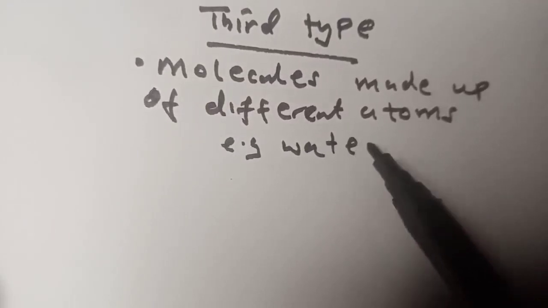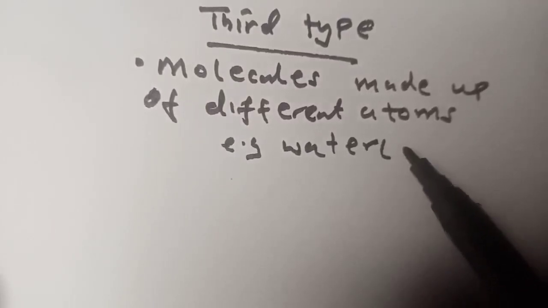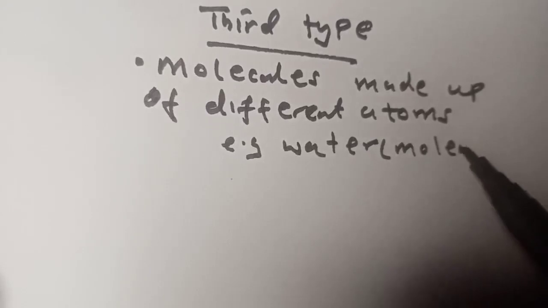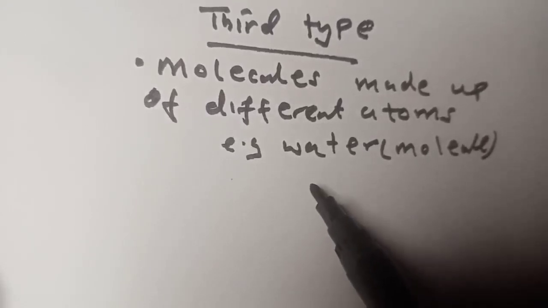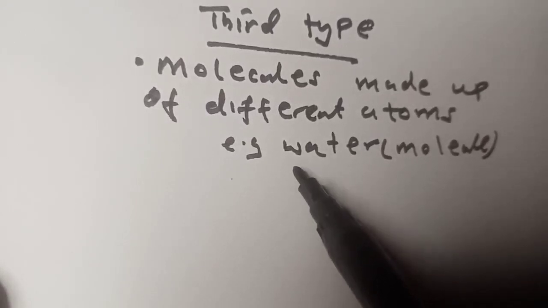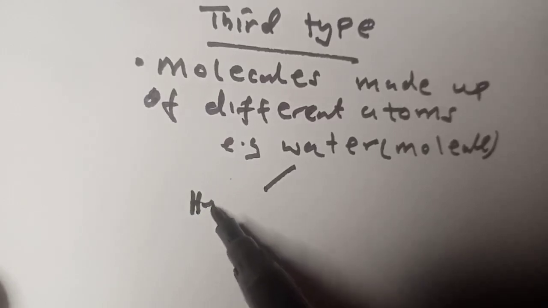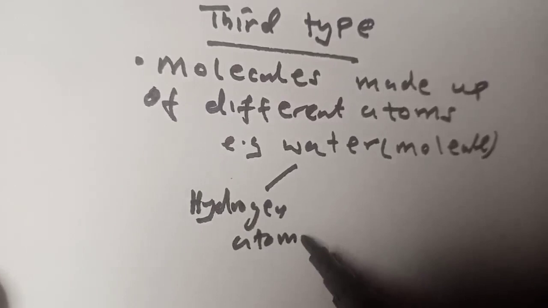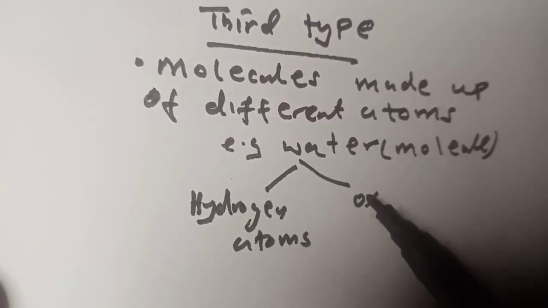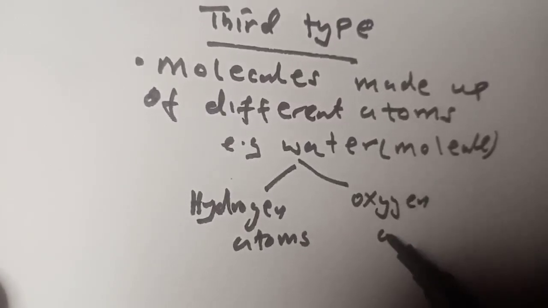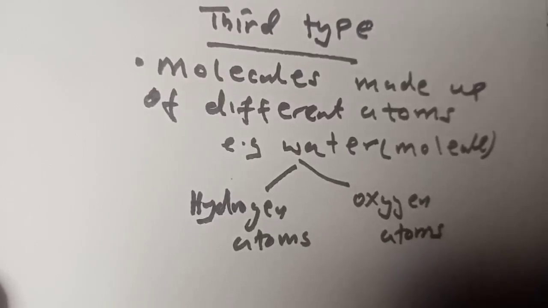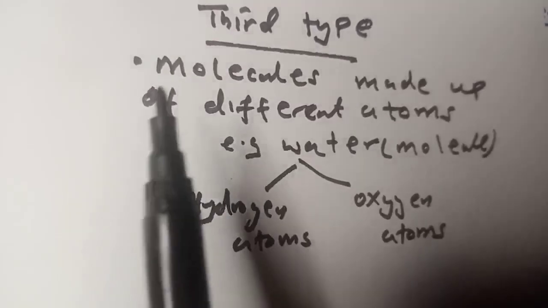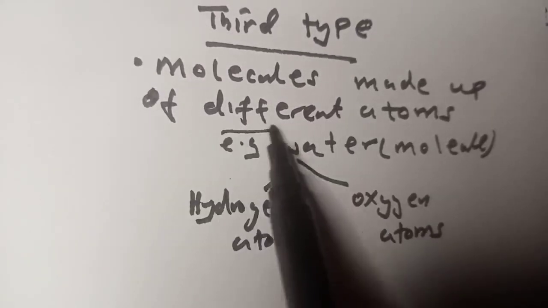For example, water. Water is a molecule, but this molecule consists of different types of atoms. In water, you have hydrogen atoms and you also have oxygen atoms. So this type of molecule is made up of different atoms.